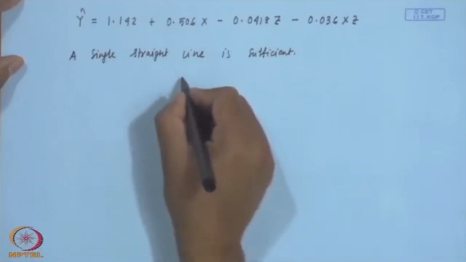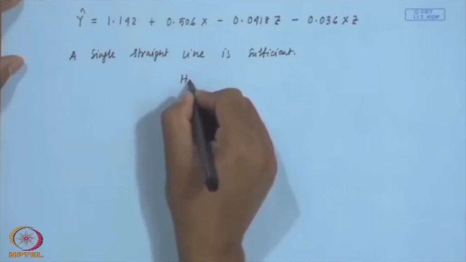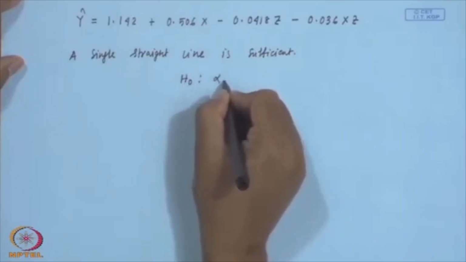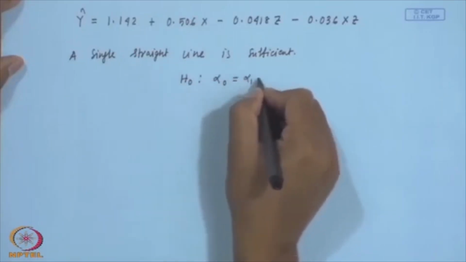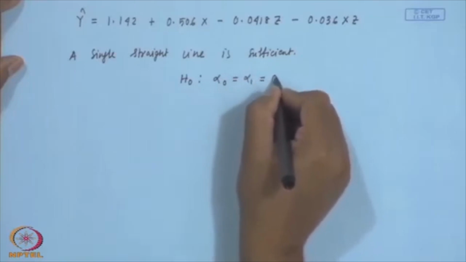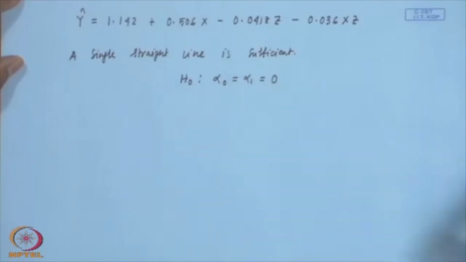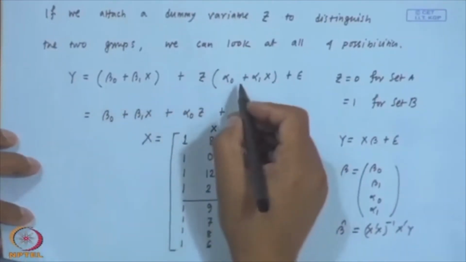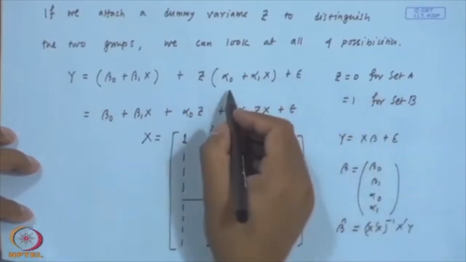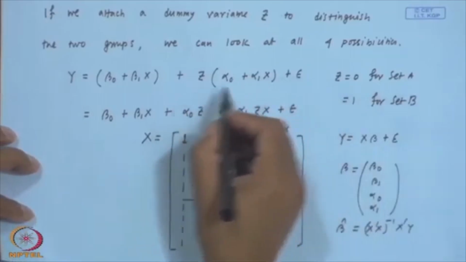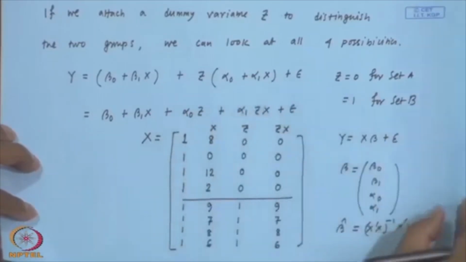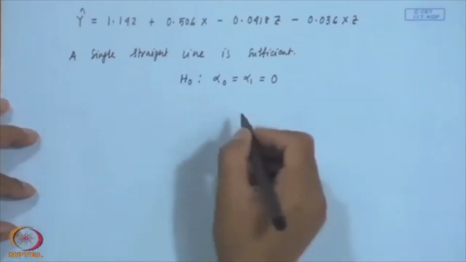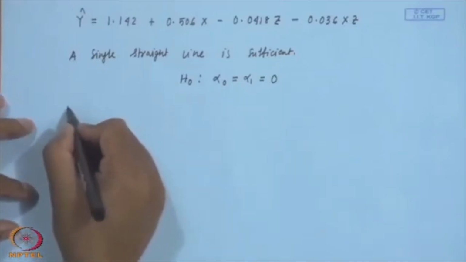For that, we have to test the hypothesis H naught, that alpha naught equal to alpha 1 equal to 0, okay, because we have considered the general model is this one. Now, to test whether a single straight line is enough, we have to test that alpha naught is equal to alpha 1 equal to 0, and you know how to test this, right, using the extra sum of squares technique.